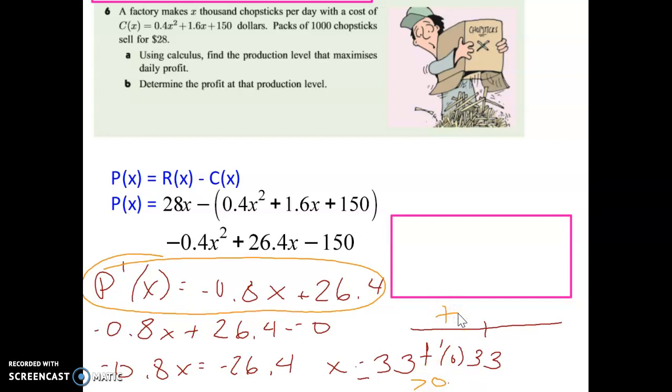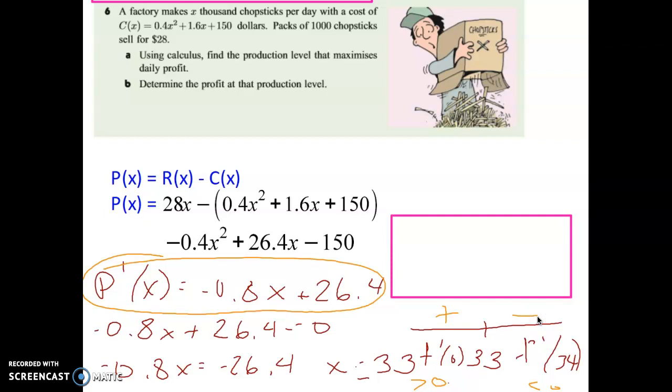So my function is increasing. And then I'm going to pick a value larger than 33. Let's say 34. Let's go ahead and substitute that in there. So negative 0.8 times 34 plus 26.4. And I end up with negative 0.8, which is less than 0. So it's going down there.